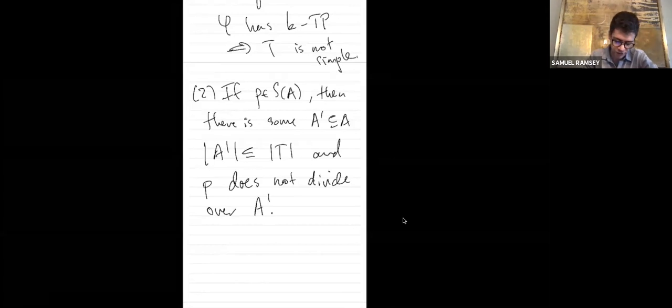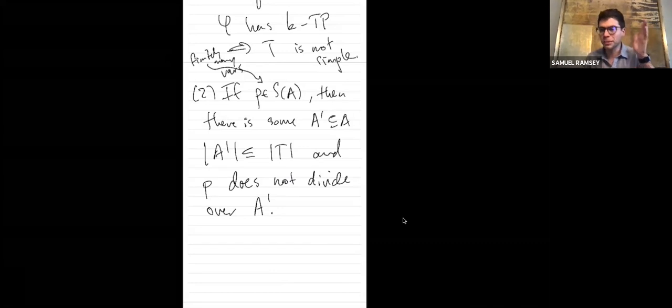I should say, I'll always mean this unless I specify otherwise, but this is finitely many variables. Sometimes, later on, we will have to worry about types in infinitely many variables for taking Morley sequences and things in the context of simplicity. But for now, whenever I talk about a type without further specification, I'll mean that it has finitely many variables. Otherwise, you have to add in a parameter for the number of variables you have.